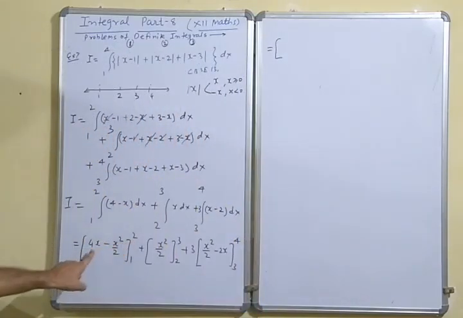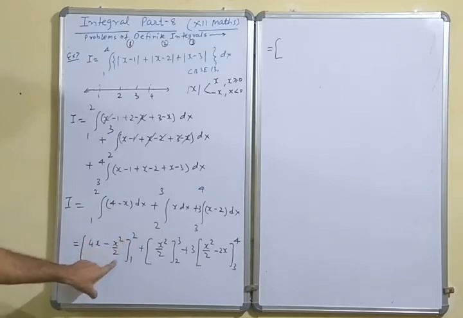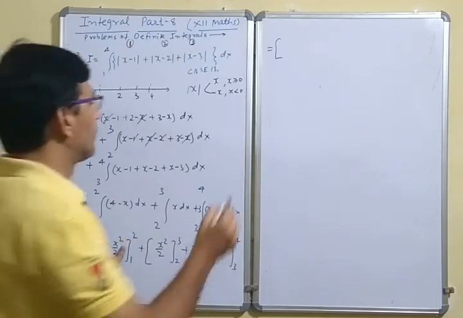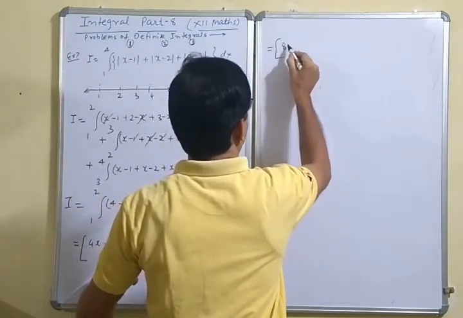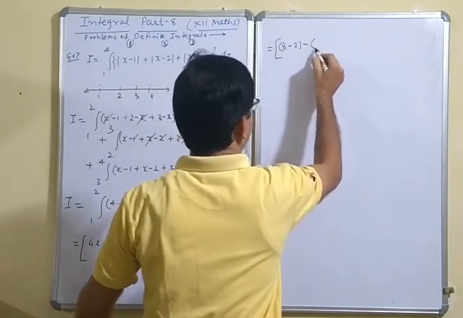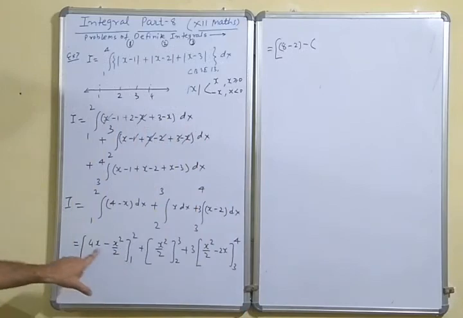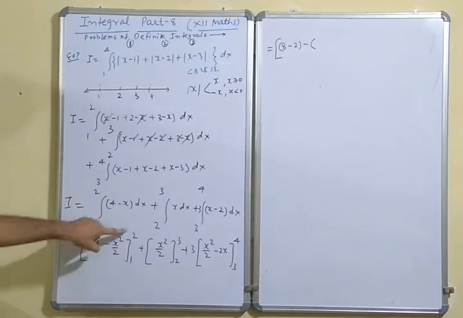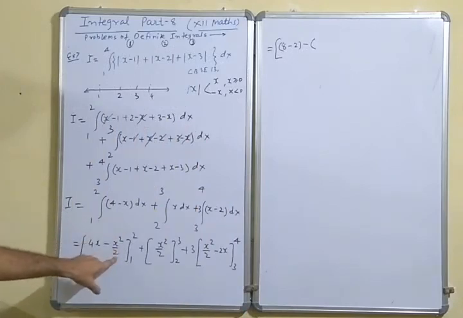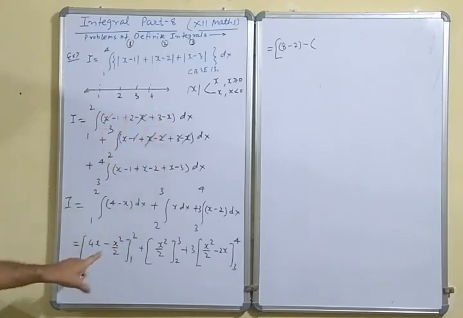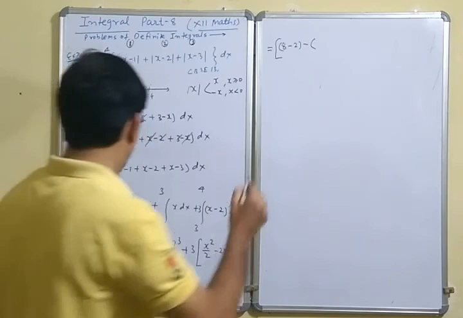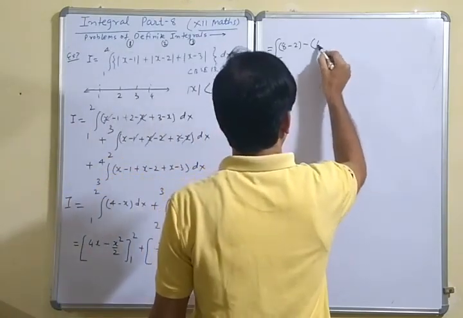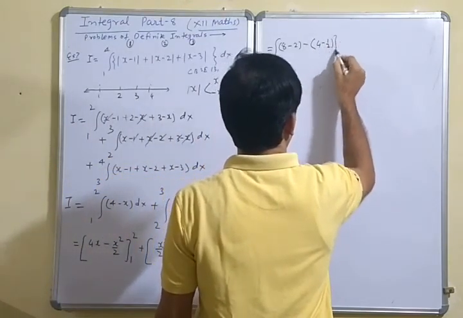Take 2: 4 into 2 is 8 minus 2 square 4 by 2, that is 2, so 8 minus 2, minus the lower limit 4 into 1 is 4 minus 1 by 2. This is the first.